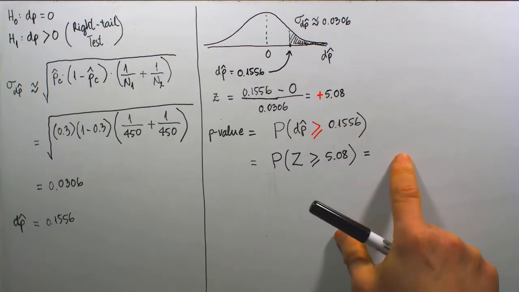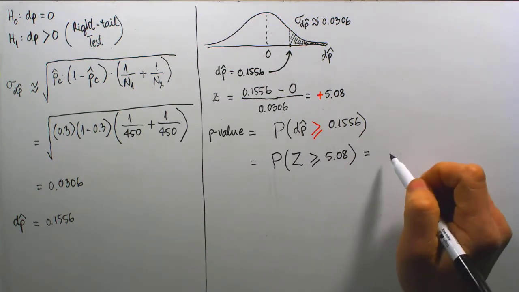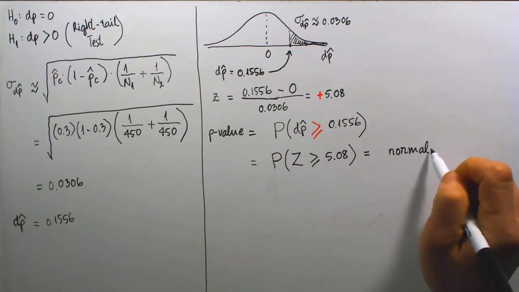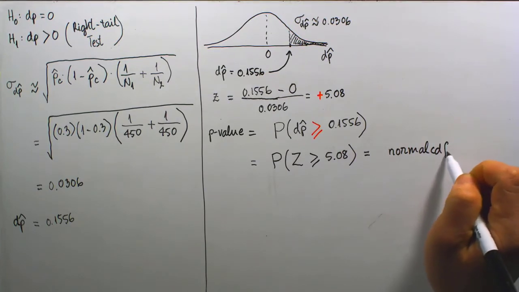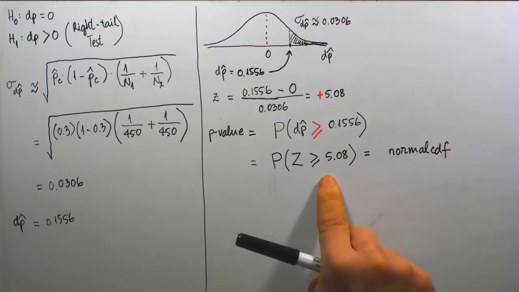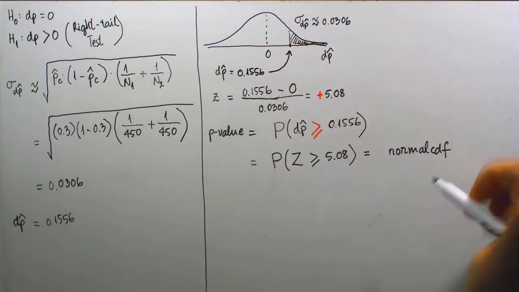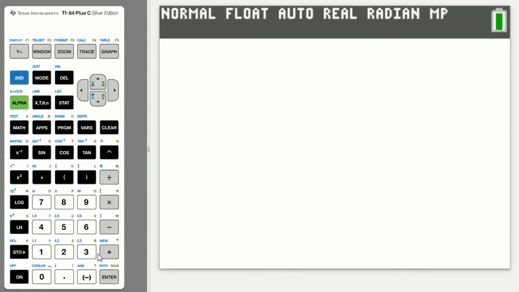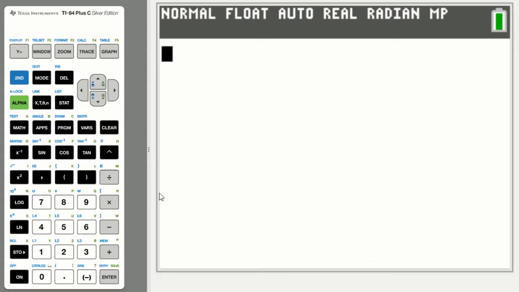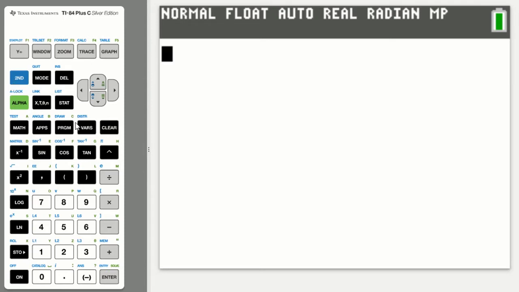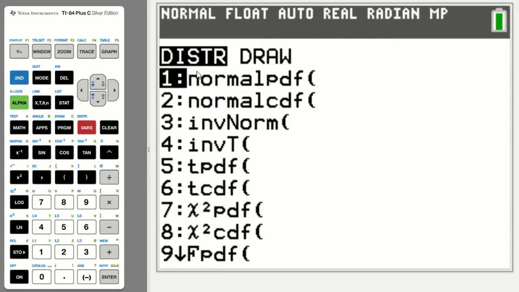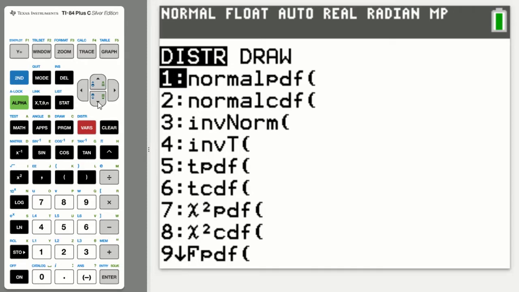So on a TI 83 or 84 calculator, I'll be running the normal CDF command in order to find that amount of area here. So now on our calculator, we're going to call our normal CDF command by pressing the key combination second variables, which will bring up all of the distribution functions in statistics.